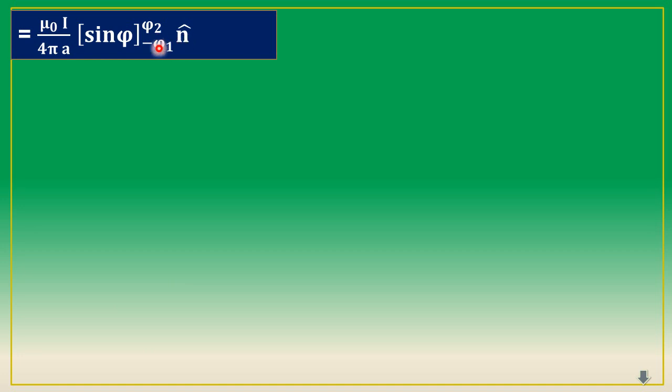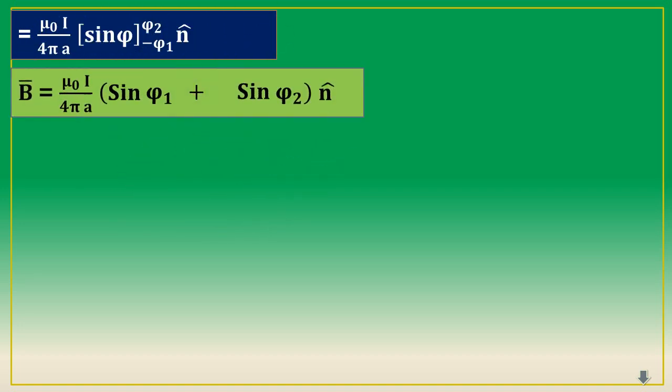That means we integrate that value and find sin phi from minus phi 1 to phi 2. All these terms are from your mathematics subject. Therefore, B vector is equal to mu naught I divided by 4 pi A, sin phi 1 plus sin phi 2.